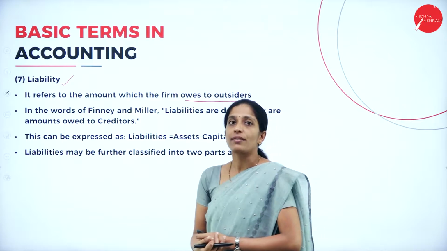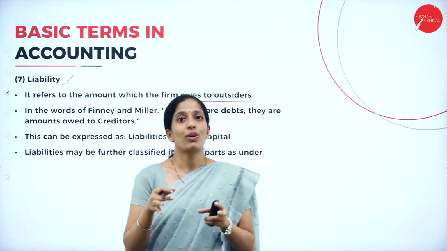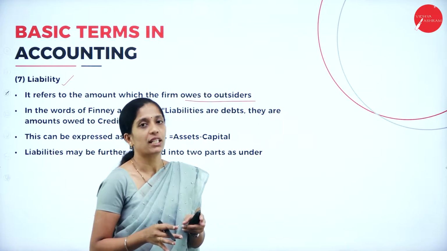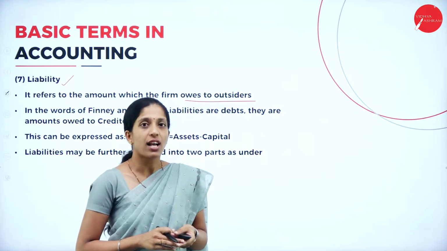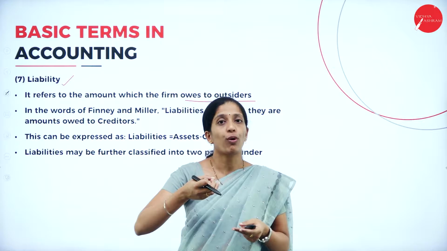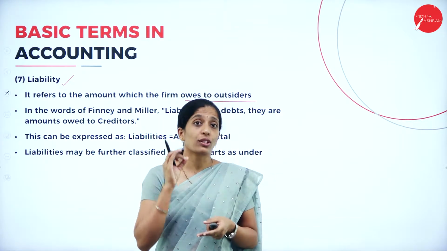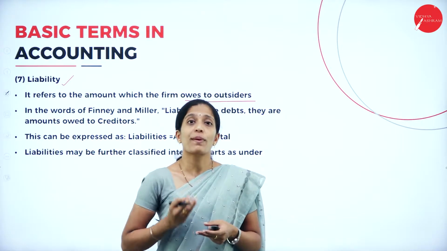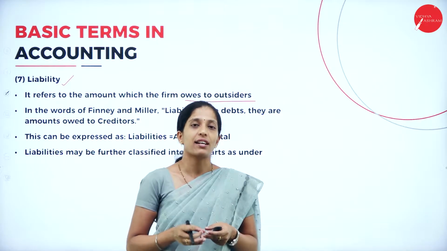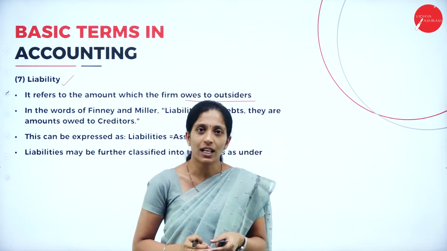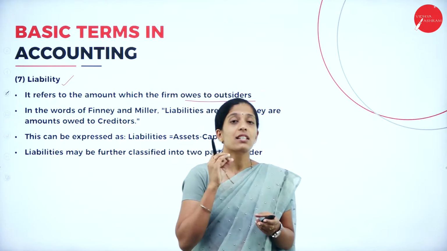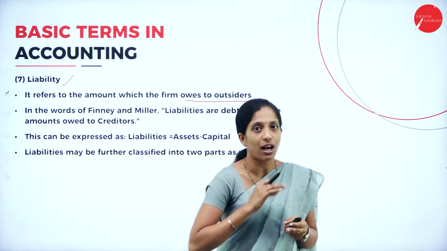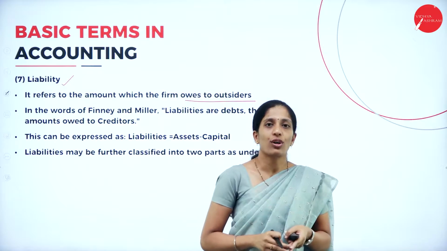An organization may not have enough money to undertake its business activity, so it may have to borrow from outsiders. That borrowed amount which has to be returned to the outsiders is known as liability. Liability is the amount that has to be paid to the outsiders.